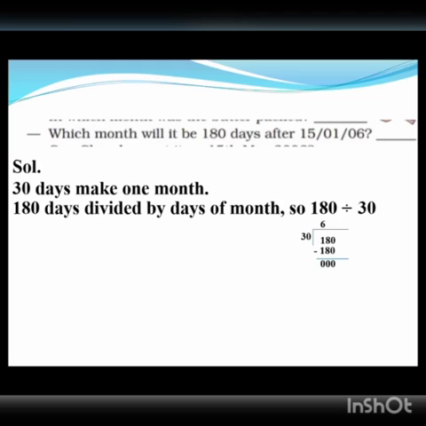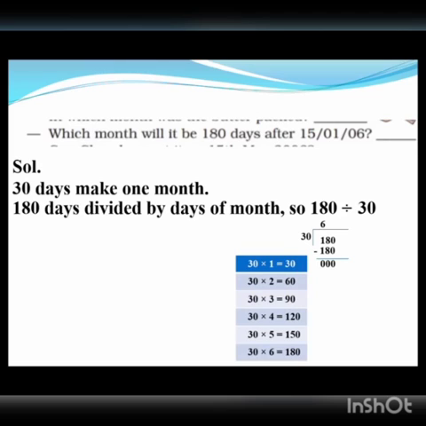Let's check the multiplication table of 30 and check by which number it gets divided. 30 ones are 30, 30 twos are 60, 30 threes are 90, 30 fours are 120, 30 fives are 150, 30 sixes are 180.